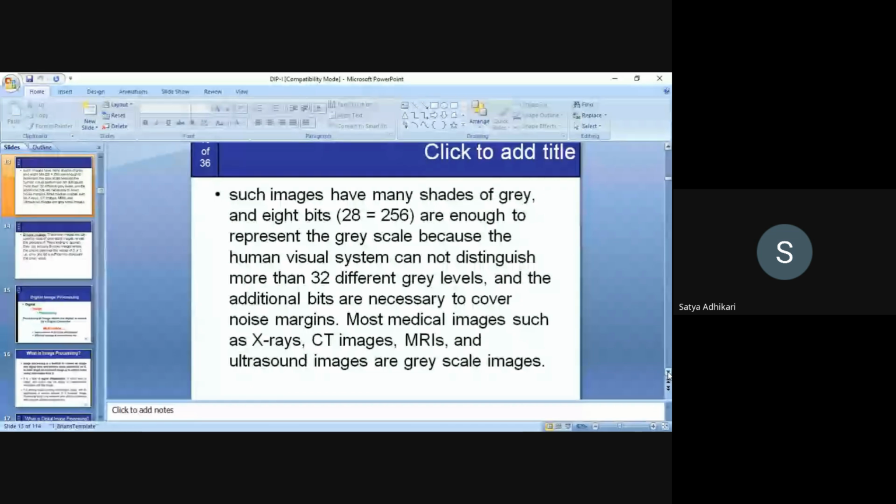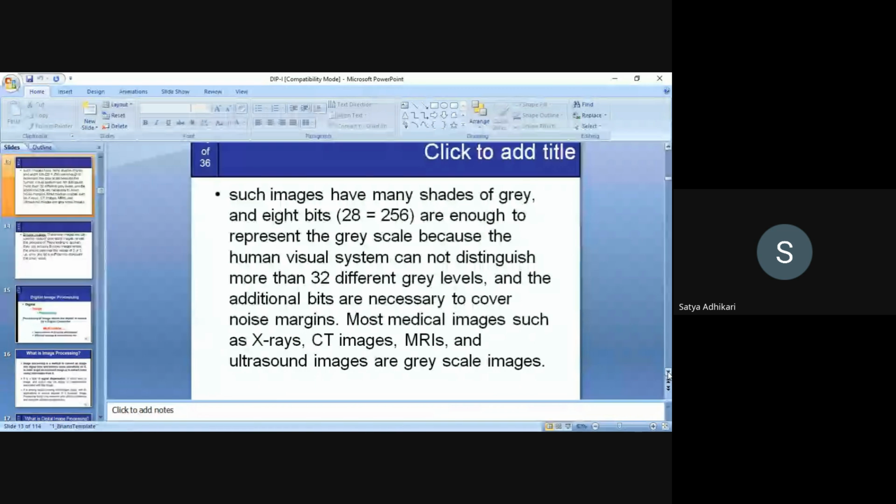So the X-ray, CT scan image, MRI, ultrasound image, all these medical reports do not contain any color component. These contain only white, black, and gray values. They do not contain other colors besides black and white.